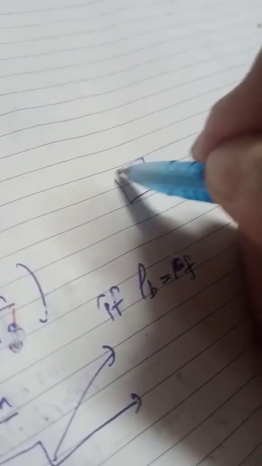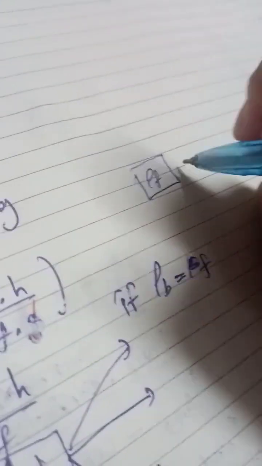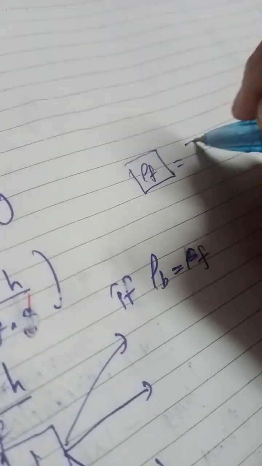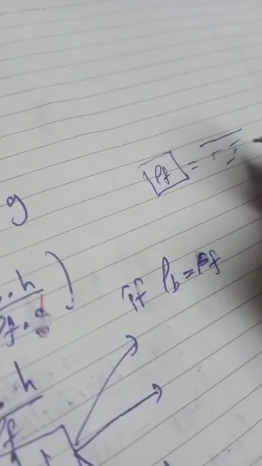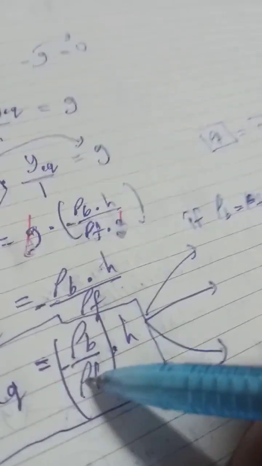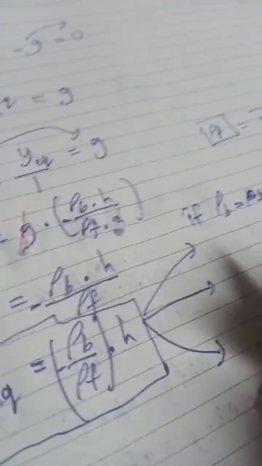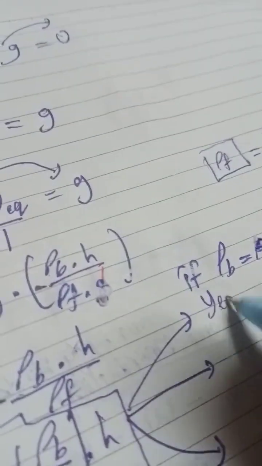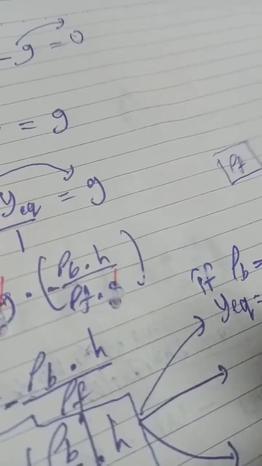What happens if the density of the block is equal to the density of the fluid? So if we calculate y equilibrium with rho b equal to rho f, we get y equilibrium is equal to negative h.